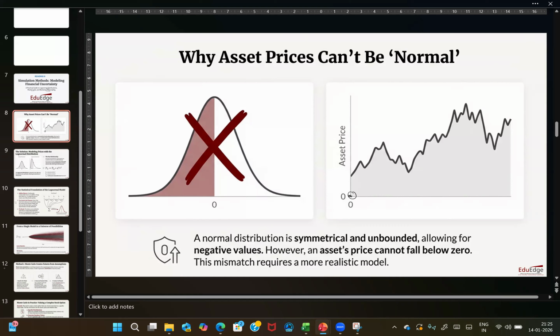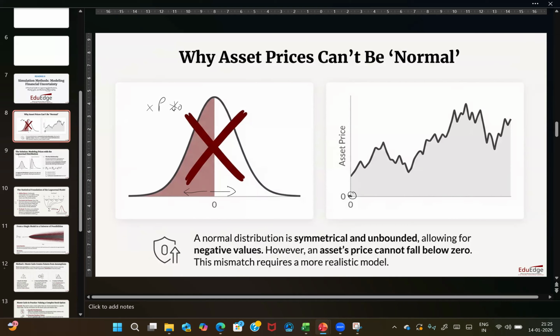An asset value cannot be negative, right? Which is why a normal distribution will not work, because if you look at a normal distribution, there will be values which would be above zero, but there would be certain values which would be below zero. So normal distribution is not appropriate to model prices because prices can never be negative.